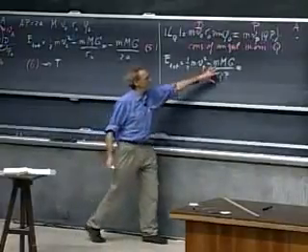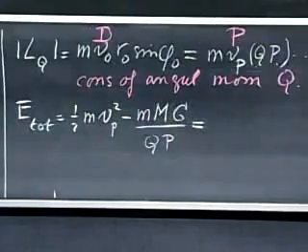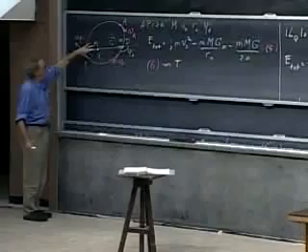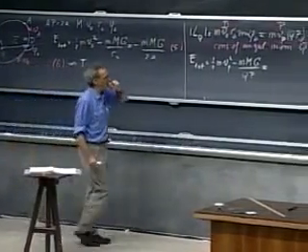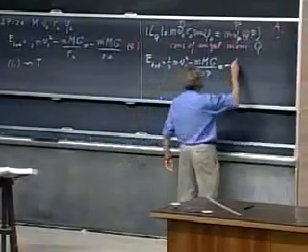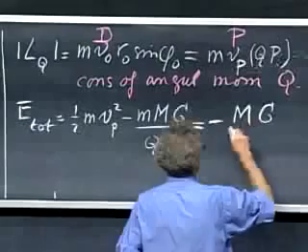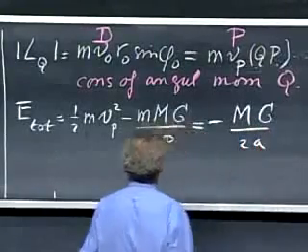This is the potential energy when the distance between capital M and little m is qp. But this number we know because that is minus mMG divided by 2a. That's our equation number 5.